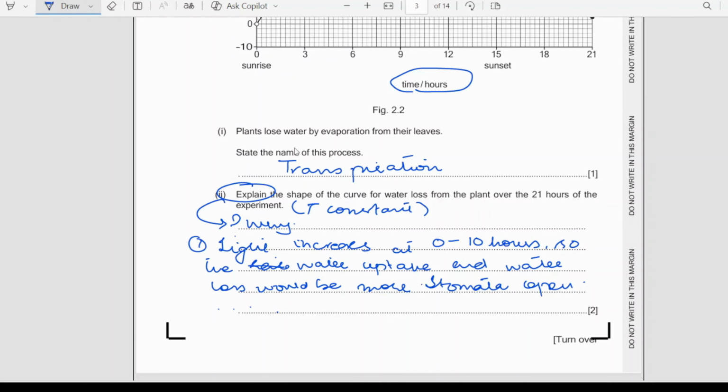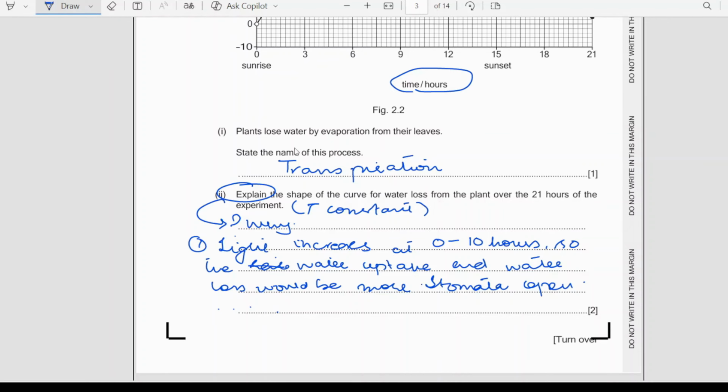What other factor can we write? After 10 or 15 hours, there is a rapid decrease. Between 15 and 21 hours, there is a decrease. Why do you think there is a decrease?